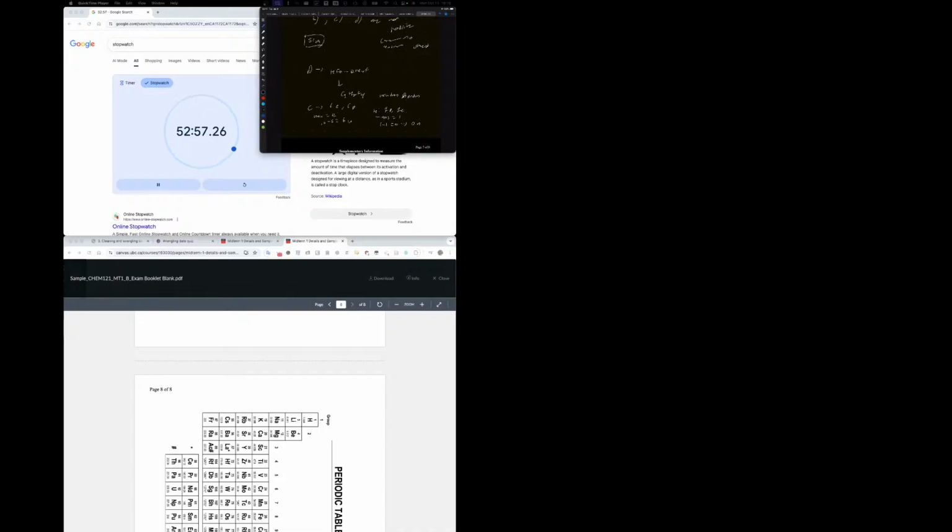And F: 19, 7P, 7E, mass 19, 19 minus 7 equals 12N. So we have 12 times 4, 2 times 0, and then we have 6 times 3. So if we have 12 times 4 plus 6 times 3, this equals 66 neutrons.